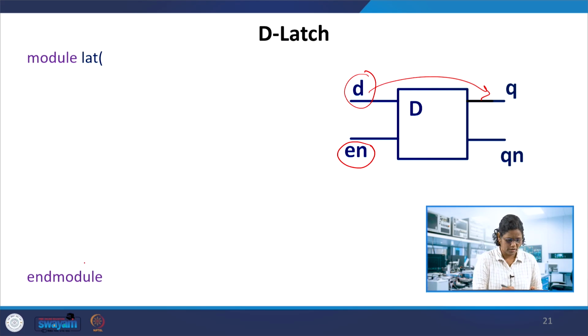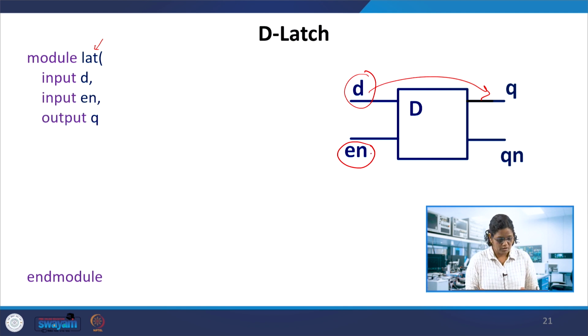Let's see how to form this latch in the Verilog code. So module and endmodule, we have the latch module. D is input, enable is 1-bit input, and Q is the output. Qn we didn't take; the complemented output is not used over here. Q is a reg, and then always @(enable or D).